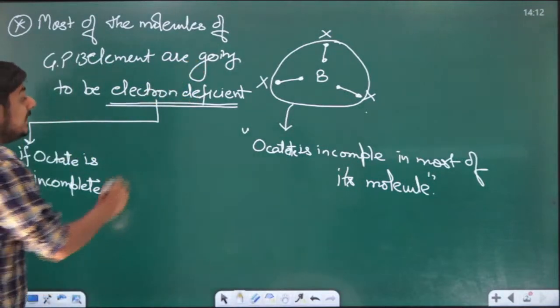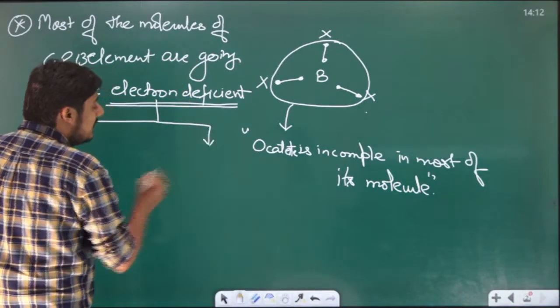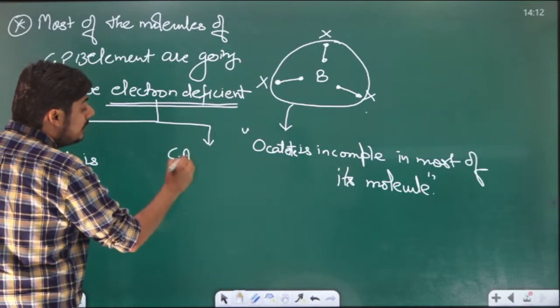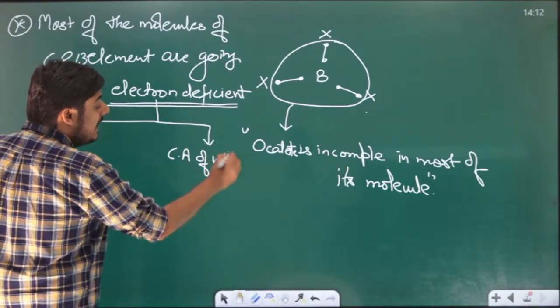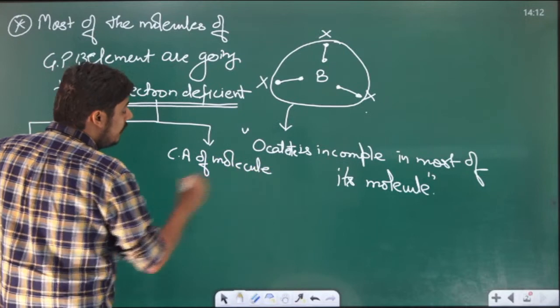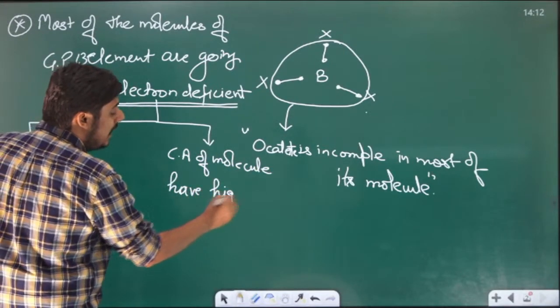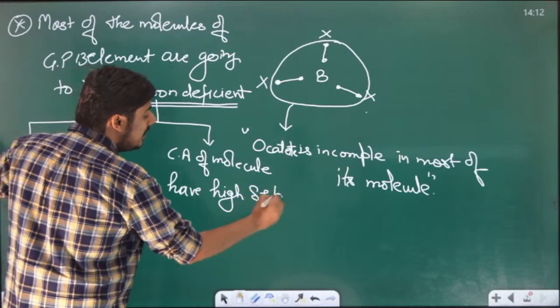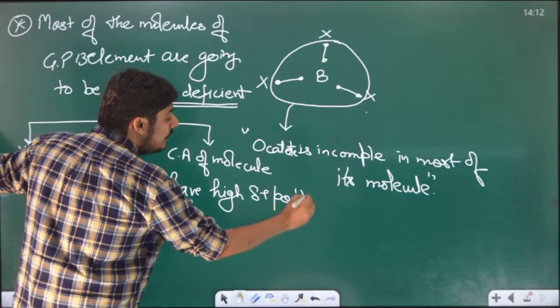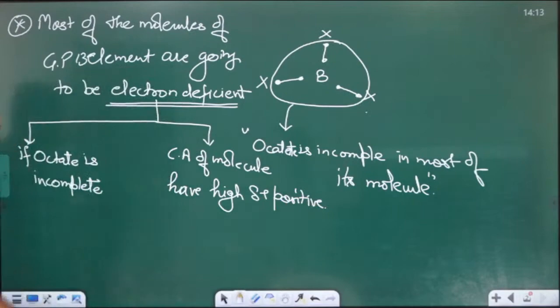And another thing electron deficiency means is that the center atom of the molecule has a high delta positive charge. Both of these types are described as electron deficient systems.